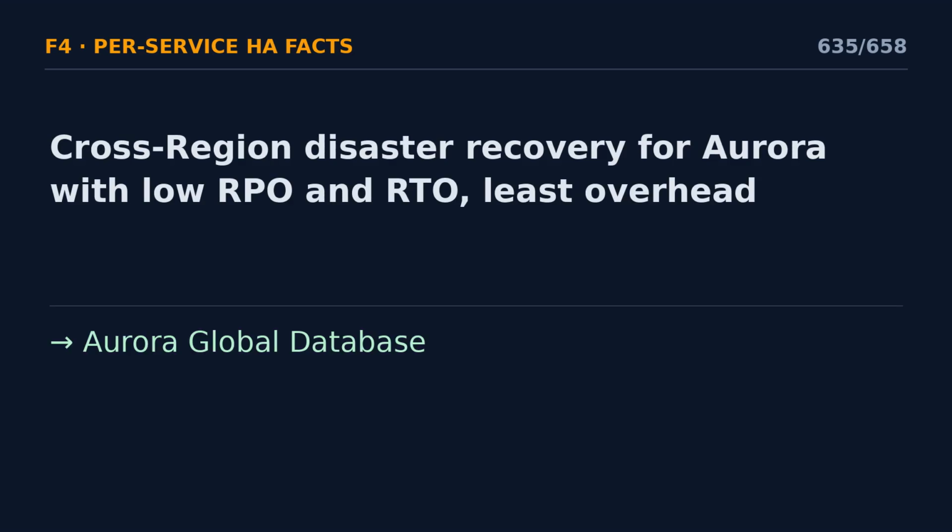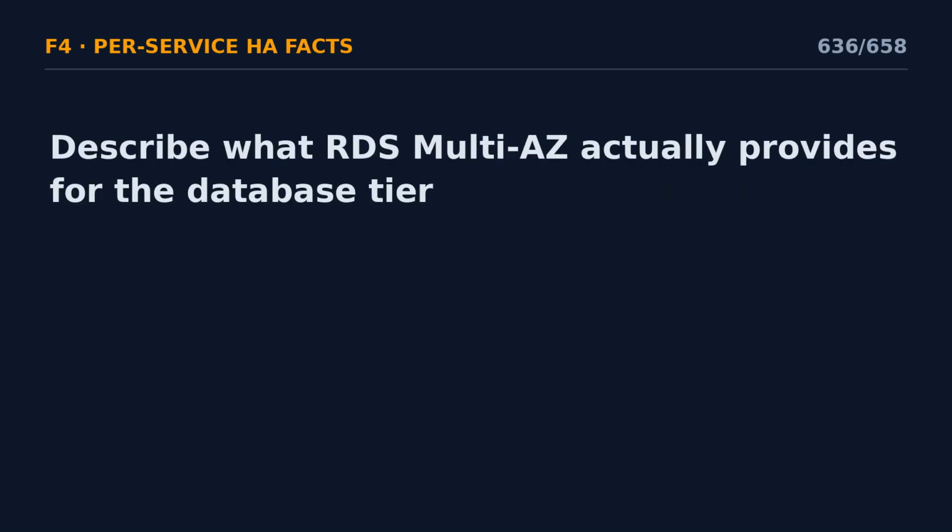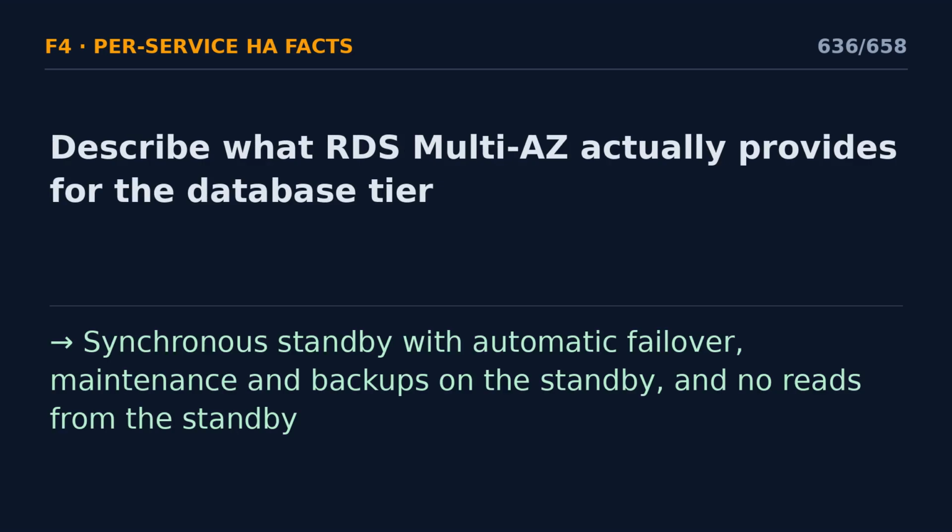Answer: Aurora Global Database. Describe what RDS multi-availability zone actually provides for the database tier. Answer: synchronous standby with automatic failover, maintenance and backups on the standby, and no reads from the standby.